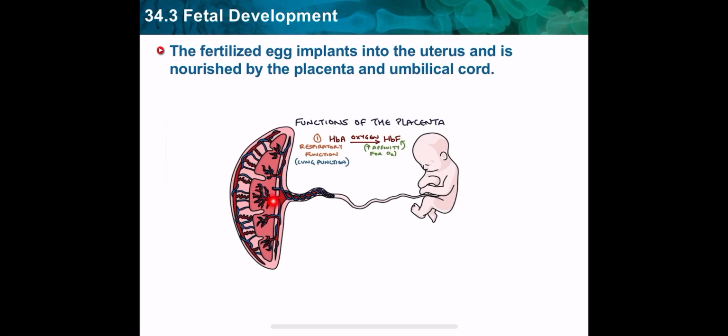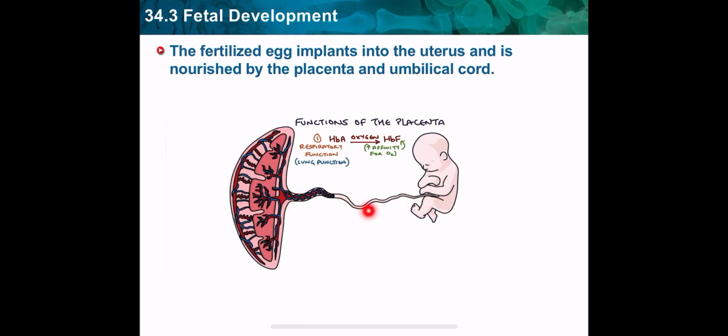Of course not. Actually, what happens is diffusion of oxygen and nutrients into the chorionic villi, which are connected to the blood of the embryo. So number one, diffusion of nutrients and oxygen into the chorionic villi, and the chorionic villi will send those nutrients and oxygen into the blood of the embryo.